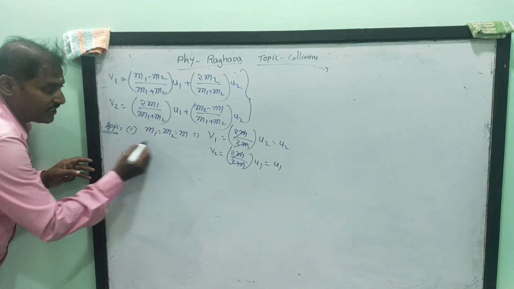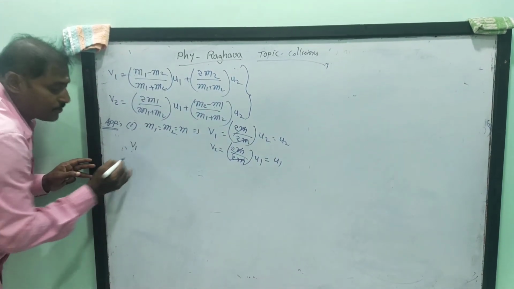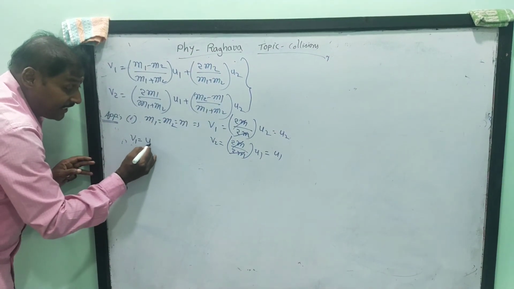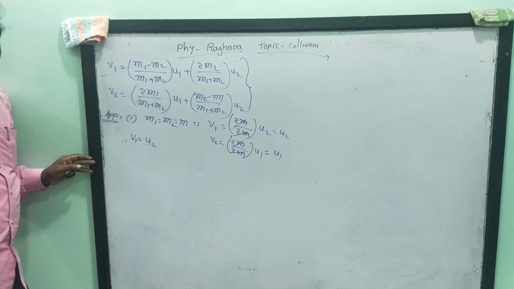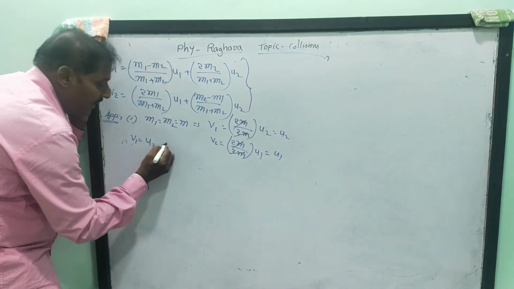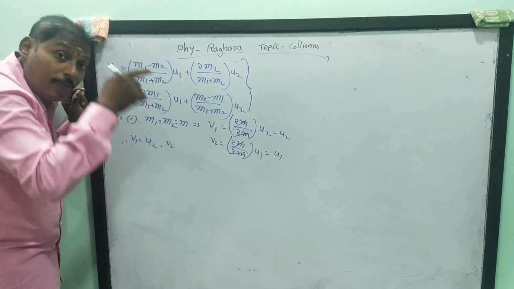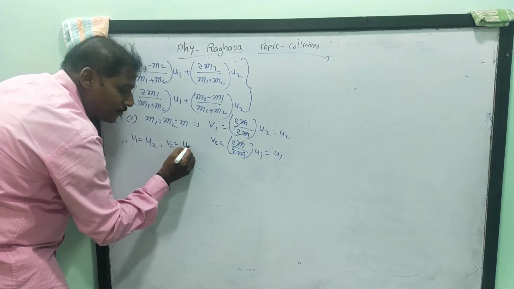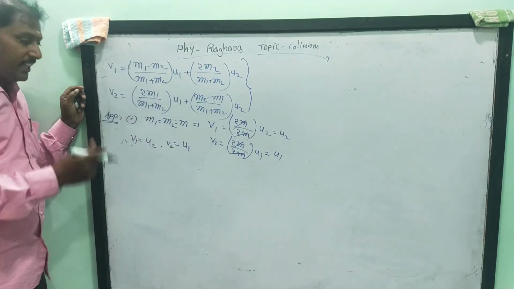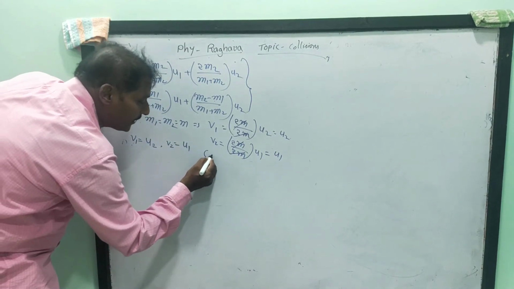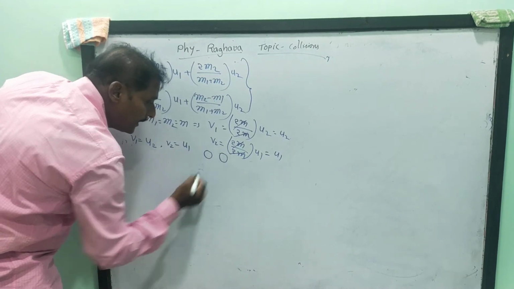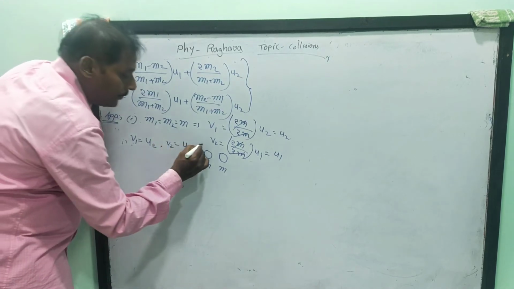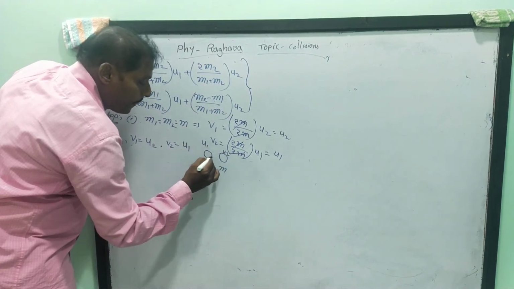Simply we can conclude that the velocity of the first body after collision is equal to the velocity of the second body before collision, and the velocity of the second body after collision is equal to the velocity of the first body before collision. That means exchange of momenta takes place among the two equal massive bodies.